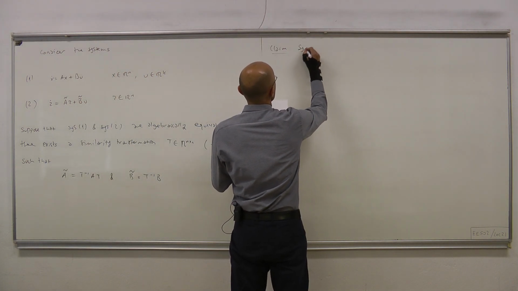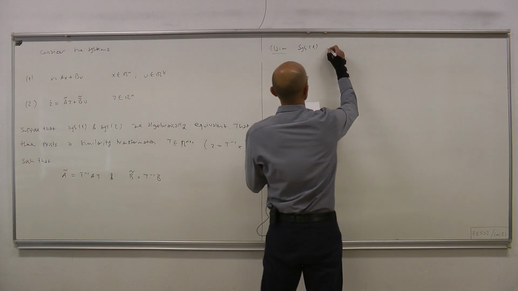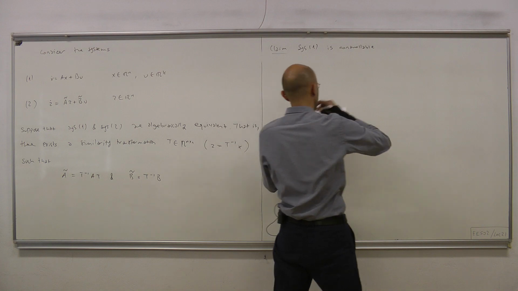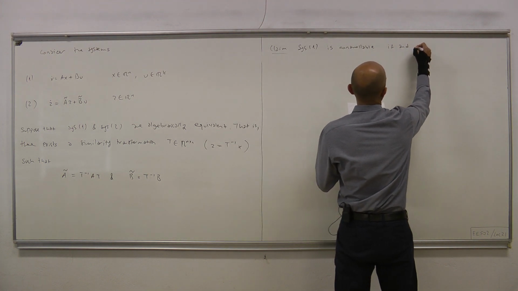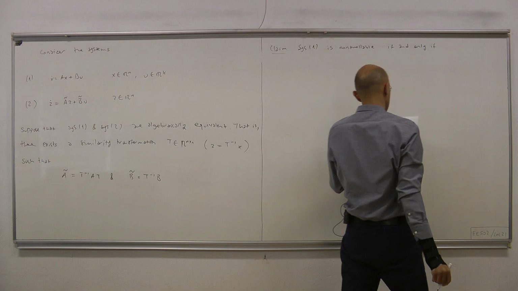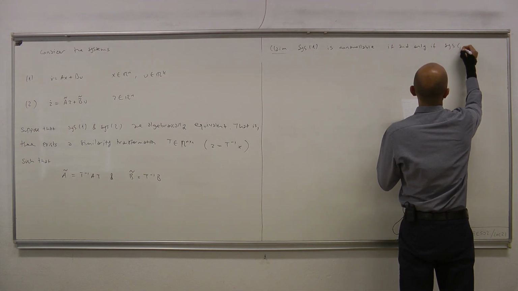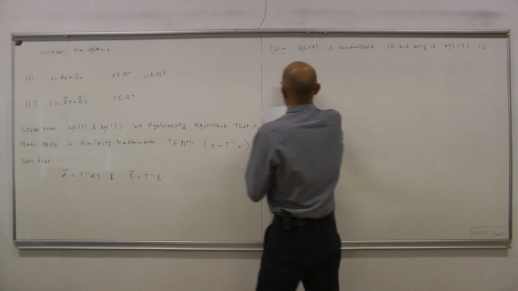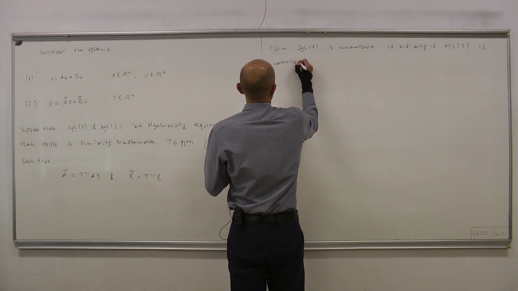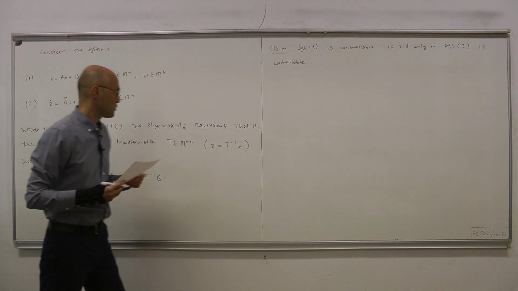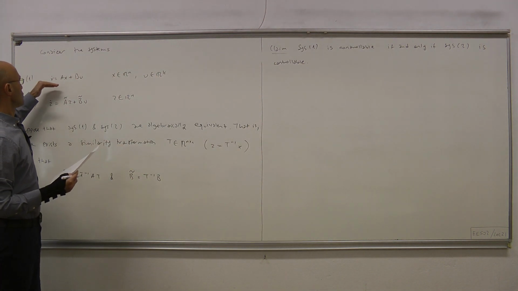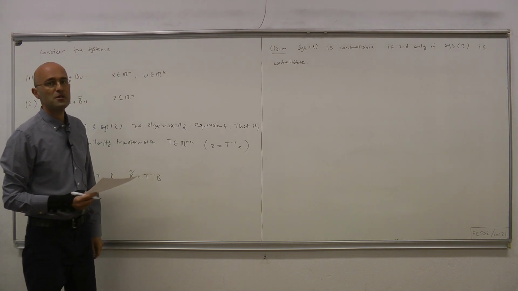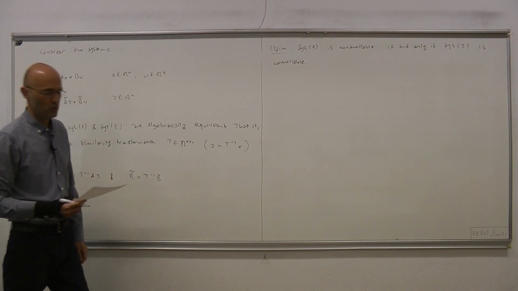System 1 is controllable if and only if system 2 is controllable. In other words, controllability is invariant under similarity transformation. So let's see why that claim has to be true.